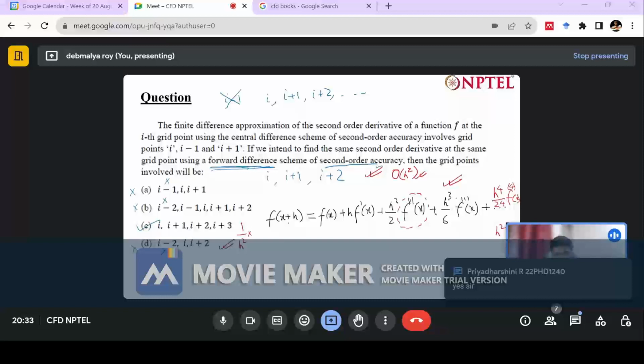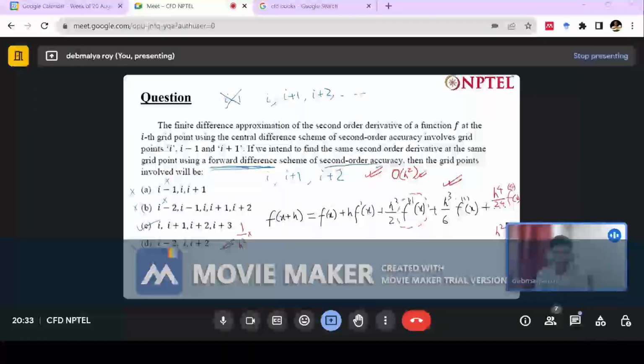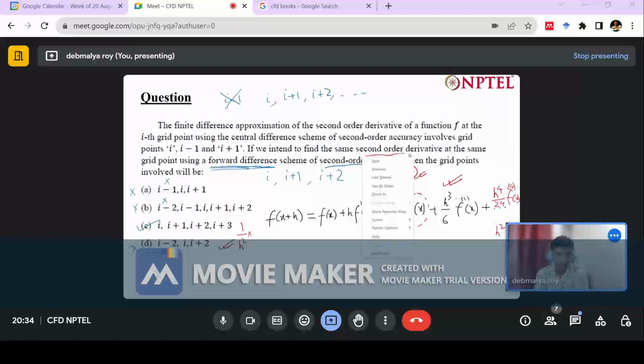So I have written down this Taylor series expansion of x plus h, and I'm trying to discuss how I can get a second order accuracy for a second order derivative. I have to find f double dash x. To find f double dash x, I need to divide this equation by h square at some point, because I have an h square multiplied with it. Second order accuracy means the error must be of the order h square.